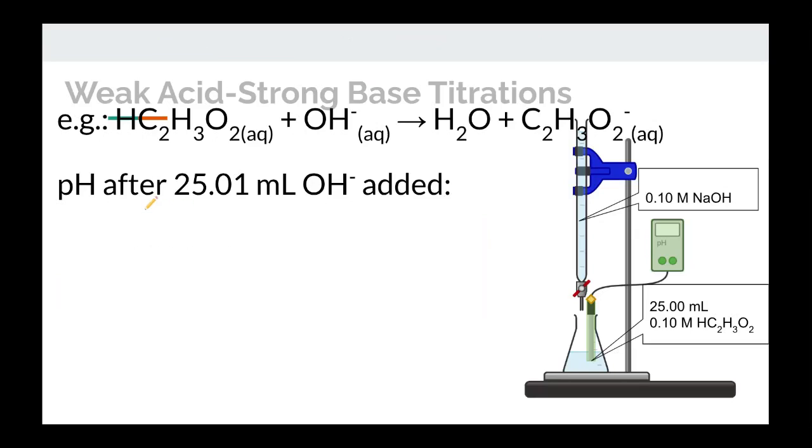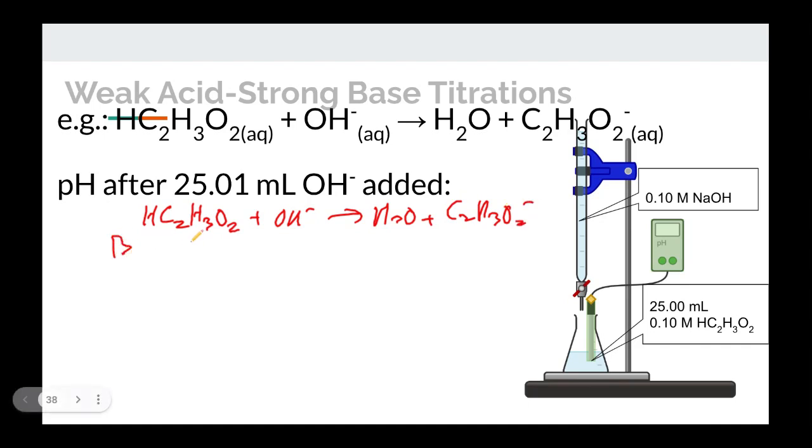So the reaction: acetic acid and hydroxide, making water and C2H3O2 minus. The before, remember we started out with 2.5 millimoles of acetic acid. We have now added 2.501 millimoles of OH minus because we have 25.01 milliliters at 0.1 mole per liter.